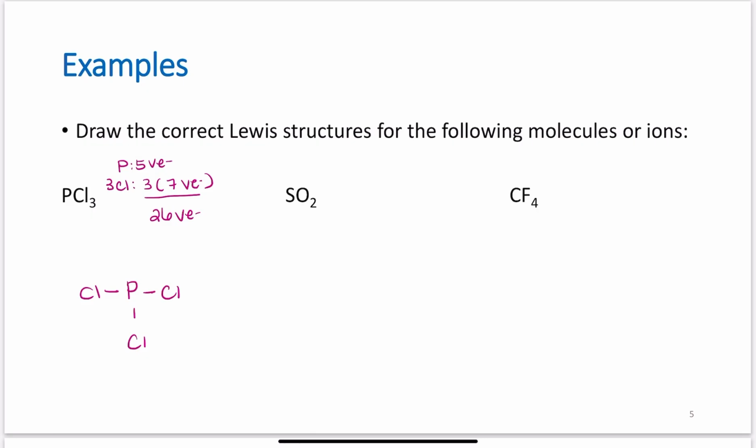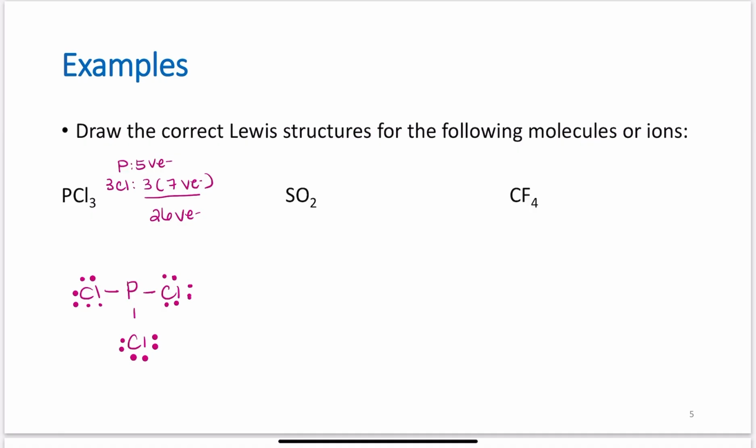So phosphorus connecting the chlorines to it. I'm going to give my outer atoms their octet. Each chlorine had 2 electrons to start, 2 from the bond to that phosphorus, that single line. So I give them each an additional 6 electrons to give them each their octet.